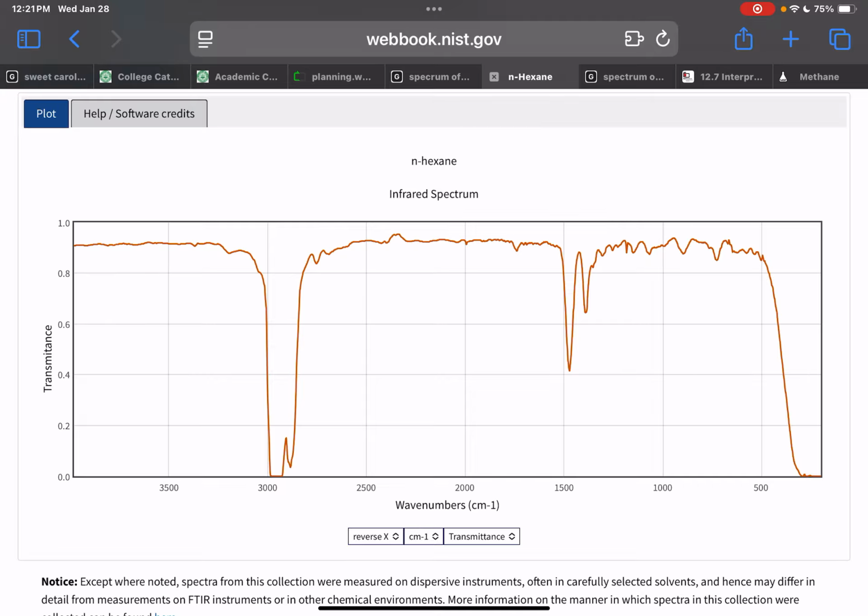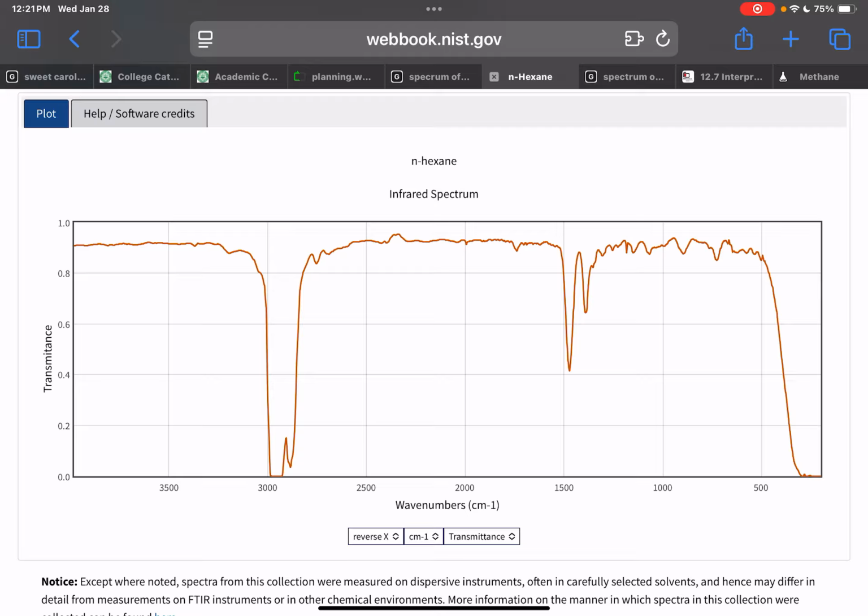Okay, so you can see here that from the range of 4,000 down to about 3,000 wave numbers, there's really not a whole heck of a lot showing up in that region. But then we have this big old peak down around 2,900 or so. Okay, then it goes back up to the top, and then we see 2 little blips down around 1,400 or 1,300, and this is pretty typical for an alkane.